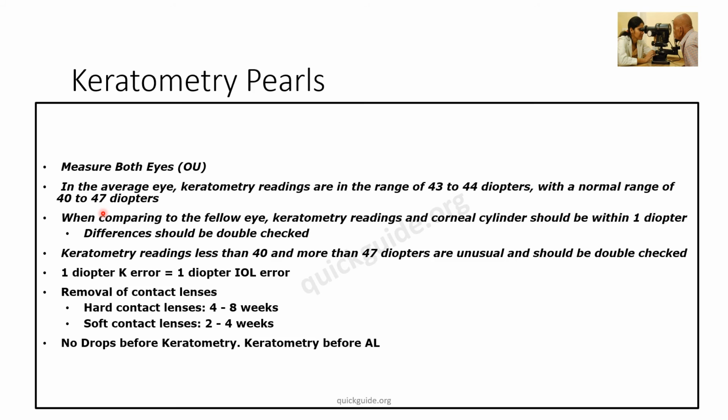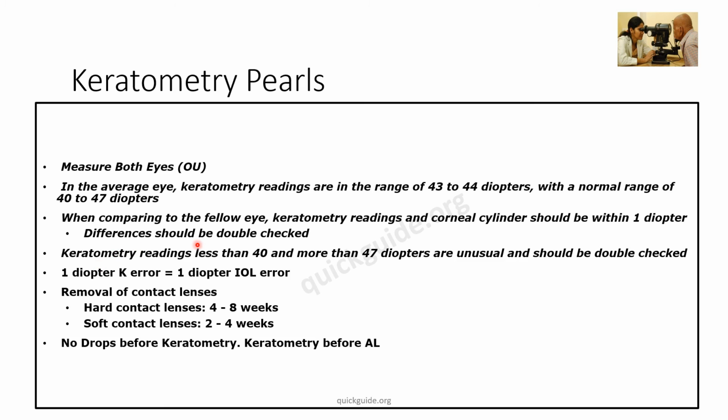So it is very important to do the keratometry again to rule out dry eyes, or to do a topography if the keratometry readings of the patient are less than 40 diopters or more than 47 or 48 diopters.